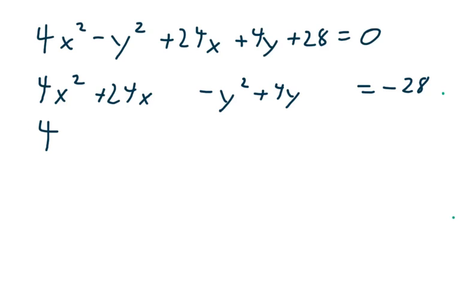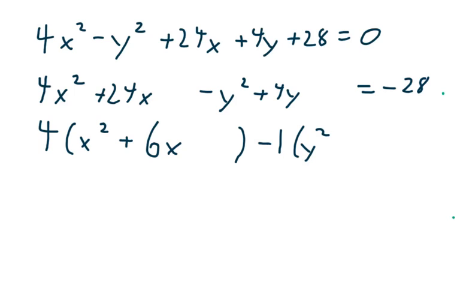So when I factor out the 4, we got x squared plus 24 divided by 4 is 6. For the y's, I'm going to factor out -1 because that's what was in front of the y. And it still equals -28.